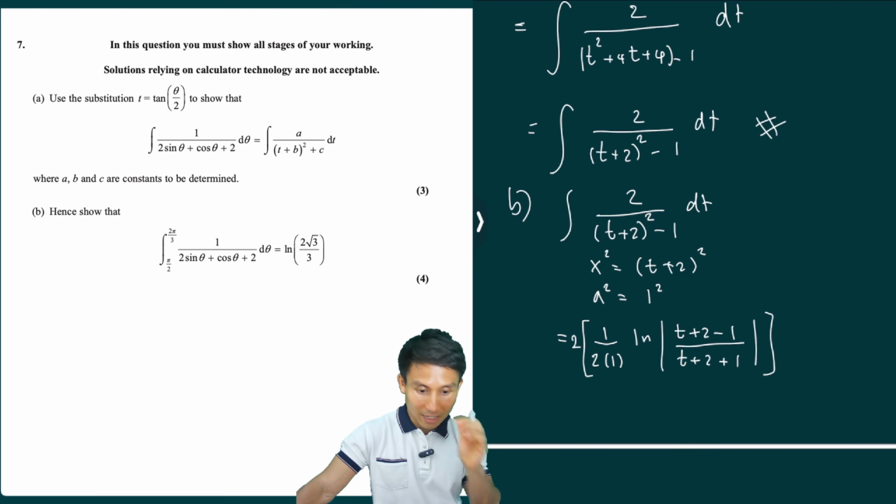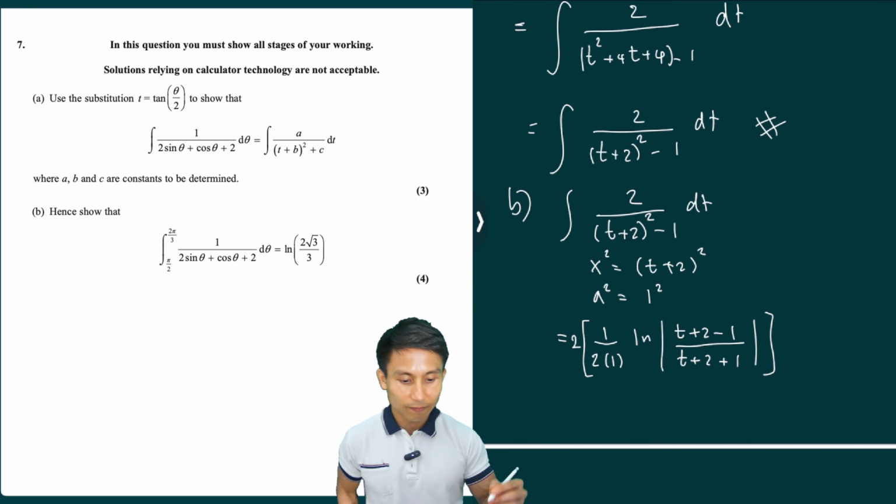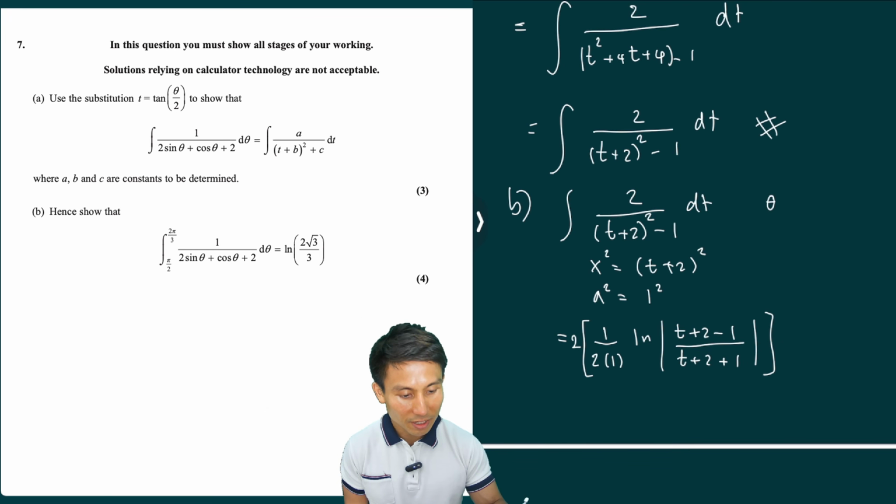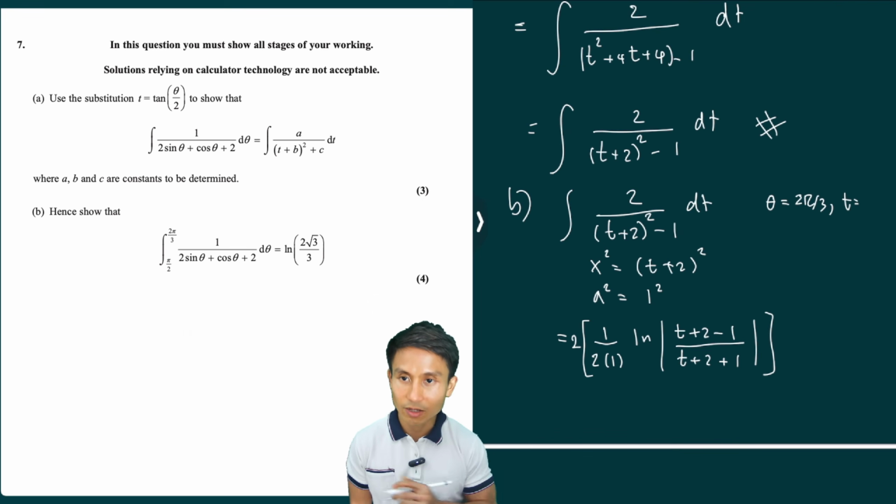Here, don't forget that t is still tan theta over 2, so we should find the bounds for t as well. That means if theta equals 2 pi over 3, then t will be equal to what?